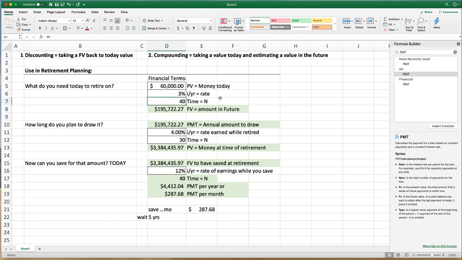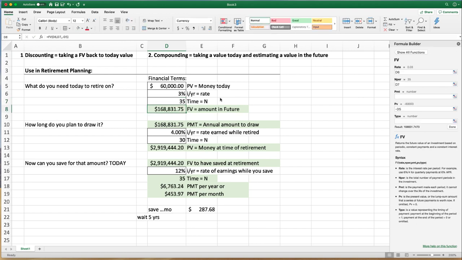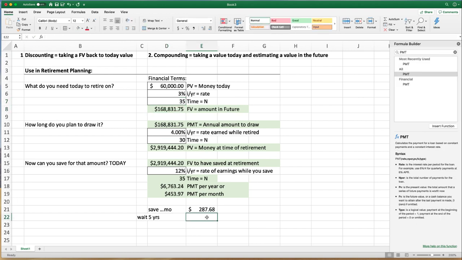So instead of having 40 years to save, I'm going to back it off to 35. Nothing really changes but my time. So if I click this, now I've got an answer, and my answer jumped to $453.97. Whoops. That means that waiting 5 years cost me another, let me get that right.